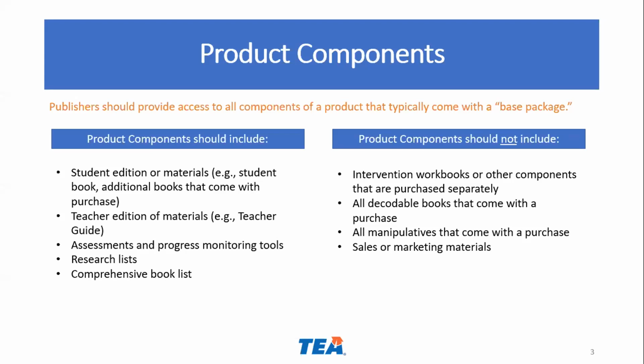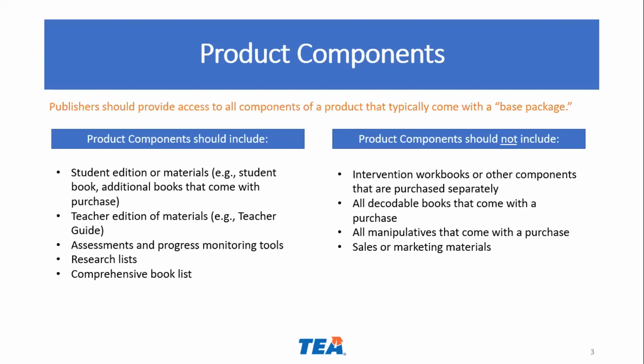So you may have a basic package and then have a platinum package. We're talking about the basic package and understanding all of the components that come with it. We want to have quality reviewers have access to all those components so they can do a very comprehensive review of your materials.